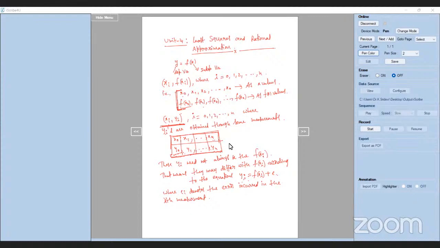Now, in this case, it is possible to recover the polynomial function from such approximate data. This process is called curve fitting. In this unit, you will be able to fit a desired curve for a given data.